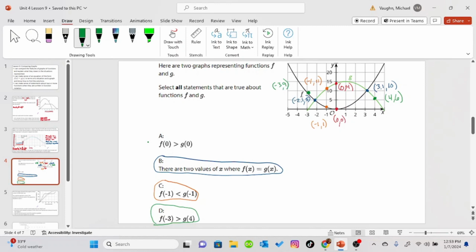So choices B, C, and D are all correct. When you are evaluating the value of a function, you go to the number that's in parentheses, which is your x value, and then you find the y value at that x value, and you compare those y values to each other.